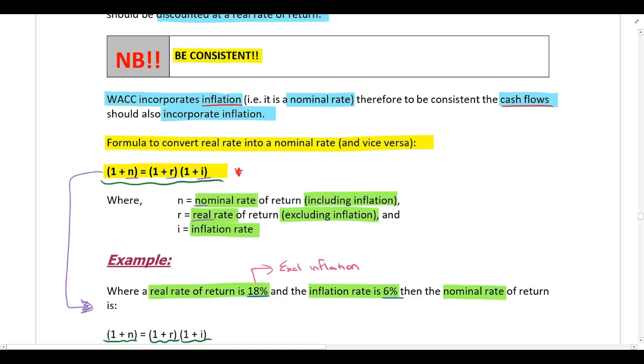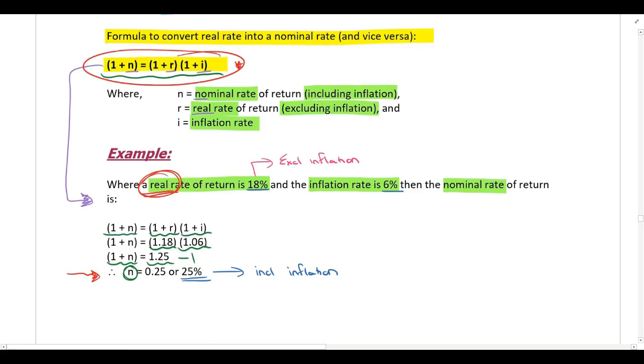However, if they specifically tell you that the discount rate is a real rate, so in the question they say to you, use a discount rate of 18% and this is a real rate, and you have already adjusted all of your cash flows for inflation, you are then going to have to use this formula so that you can convert your real rate into a nominal rate. And then when you calculate your net present value, your cash flows have been adjusted for inflation and your discount rate has also been adjusted for inflation.